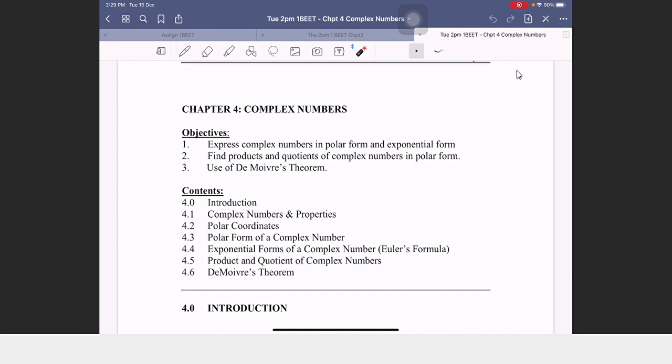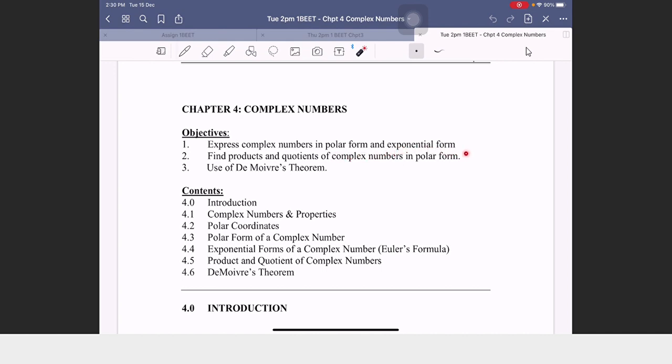Let's look at the objectives as well as the contents for this chapter. At the end of this chapter, we hope that you are able to express complex numbers in polar form and also in exponential form.